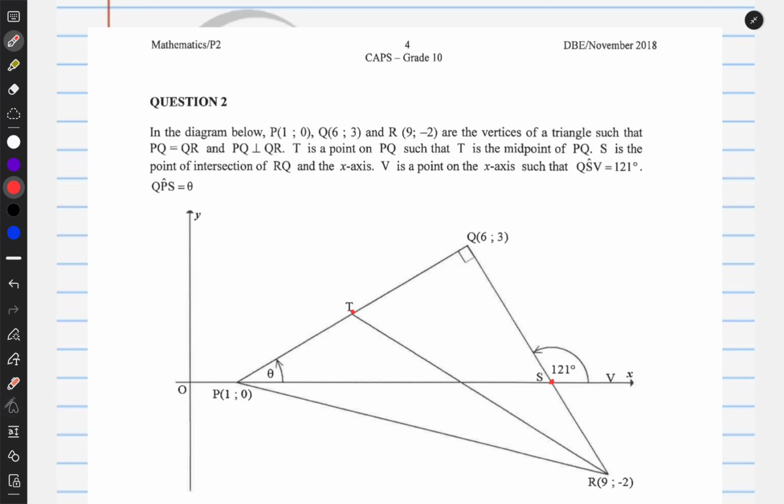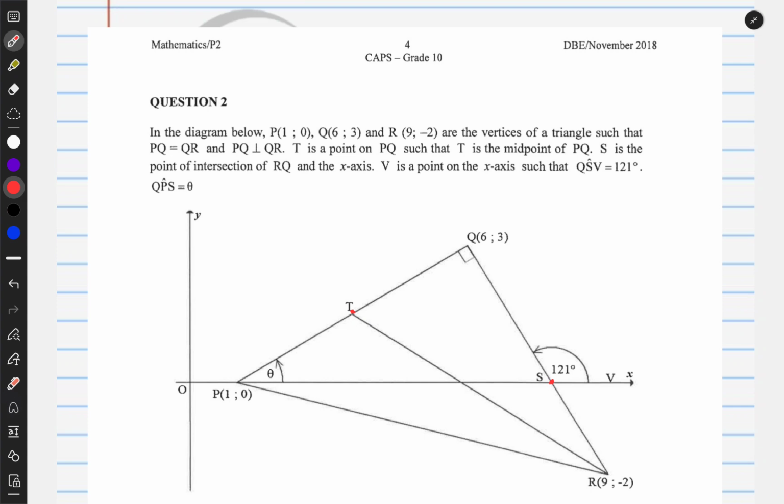S is the point of intersection of RQ with the x-axis, and V is the point on the x-axis such that QSV, this angle here, is 121 degrees, and then QPS, this angle theta there, so QPS is equal to angle theta.